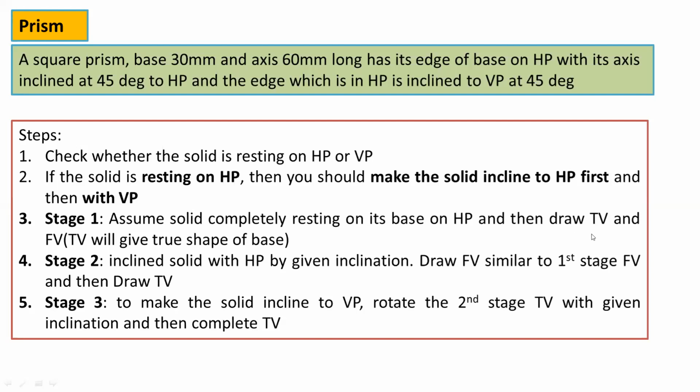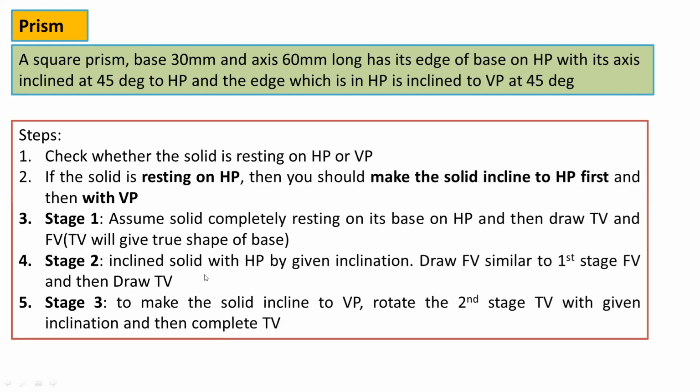Then draw the top view. In stage one, you should start from the top view, because in the top view you can observe the true shape of the base. And then draw the front view. After stage one, in stage two, you will incline that solid with the HP by the given inclination.